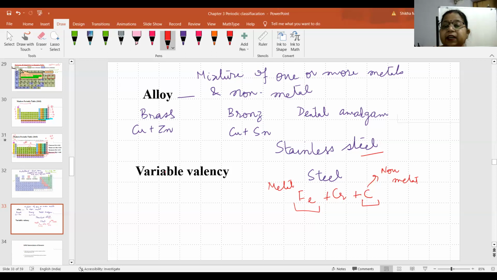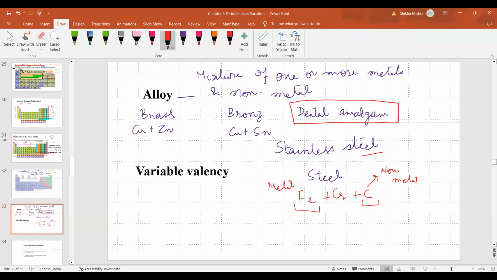Now, talking about dental amalgam, what is it? I think amalgam was there in class 10th in the extraction of sodium hydroxide, sodium chloride, something like that. Chloralkali process. Yes, ma'am.